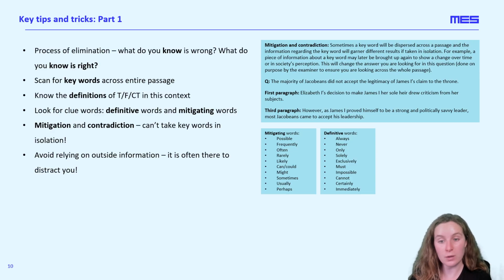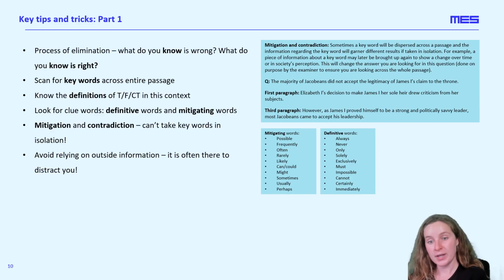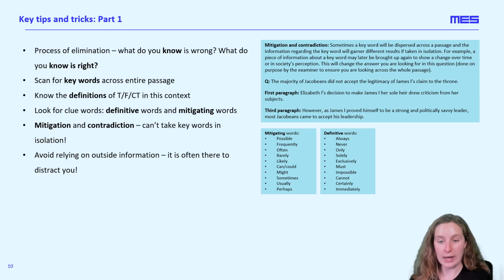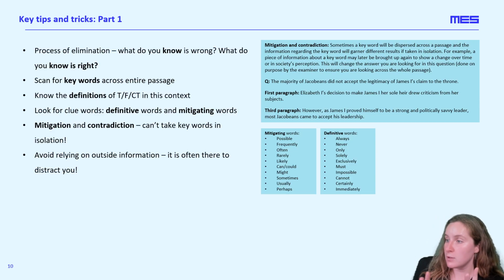So if one of your options is, for example, that the study of anthropology was always viewed as essential to Greek life, then you will have an opportunity to think, well, is there any piece of information in this passage that actually suggests that this isn't true?